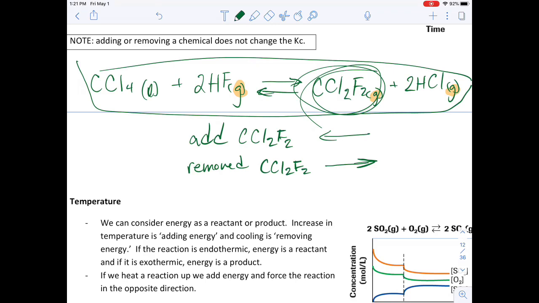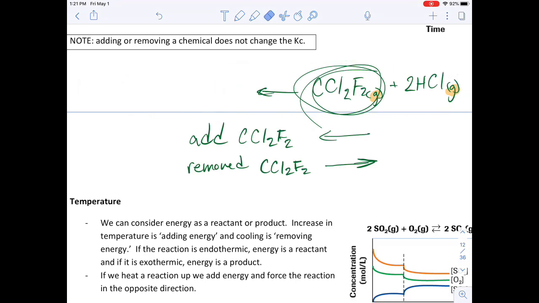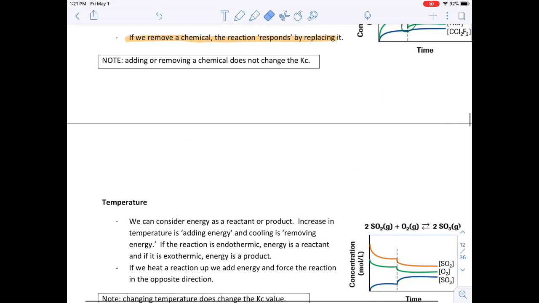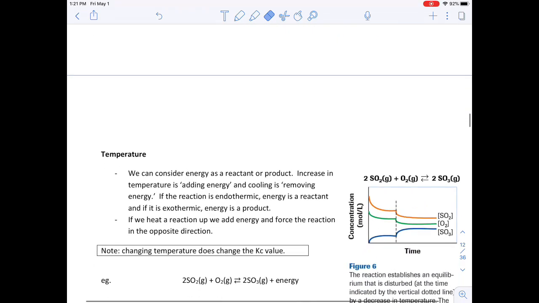So we're going to use that same kind of logic in the discussion about how temperature affects equilibrium. Now, before we get further into it, I want to be clear. The only stress that changes the equilibrium constant, Kc, is a change in temperature. That's the only thing that can change that number of Kc.